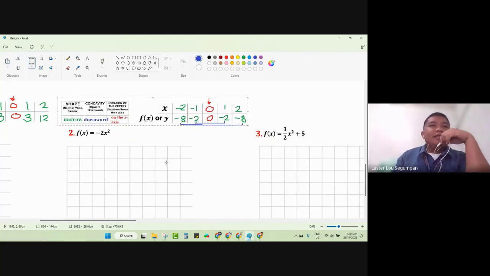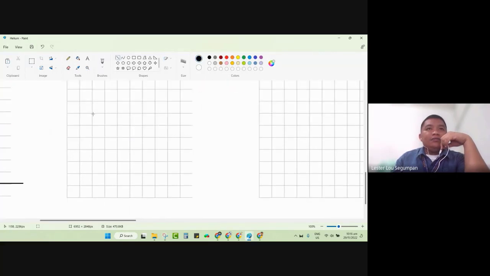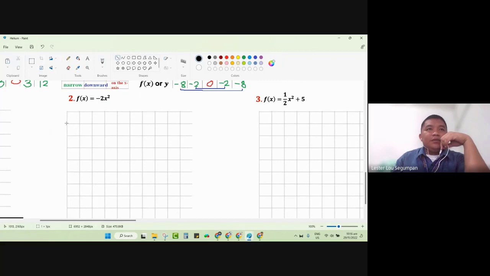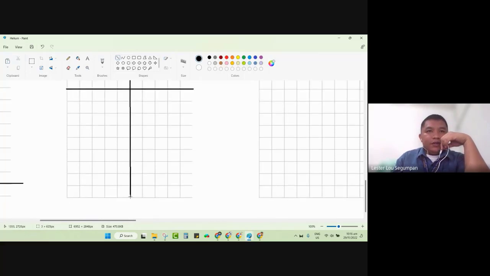So we have predicted that the graph should be narrow, facing downward, and the vertex is on the x-axis. So since we are already predicting this as downward, let me draw our x-axis a little bit higher, probably here, so that we could see the entire parabola. And another one here for the y-axis.